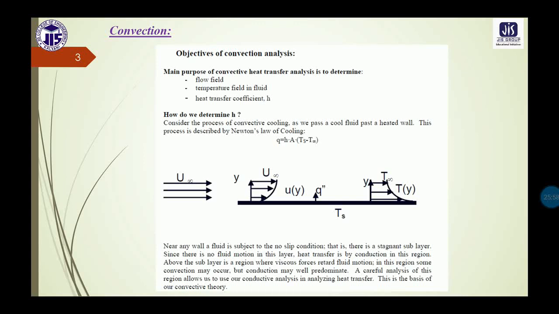Now near any wall, a fluid is subjected to the no slip condition. So what is this no slip condition? If we consider a flow of a fluid over any solid surface, like in this diagram, the fluid is flowing over the solid surface, that is the black flat surface here.